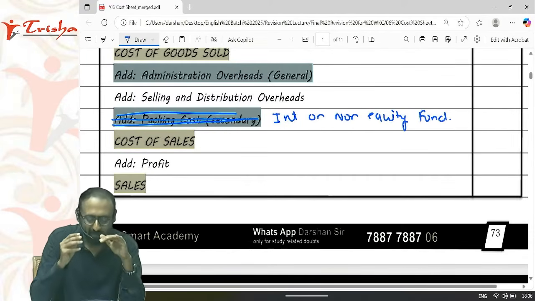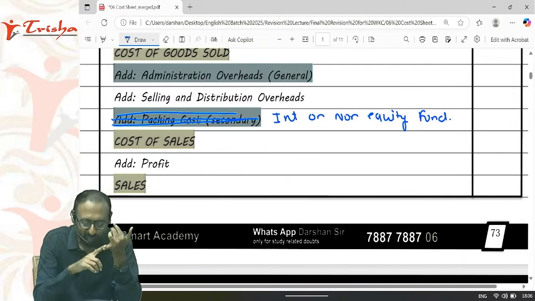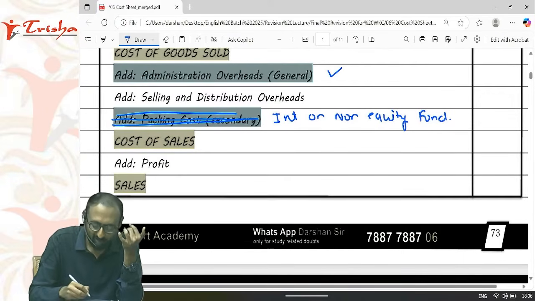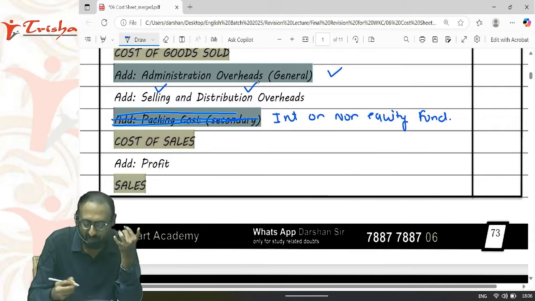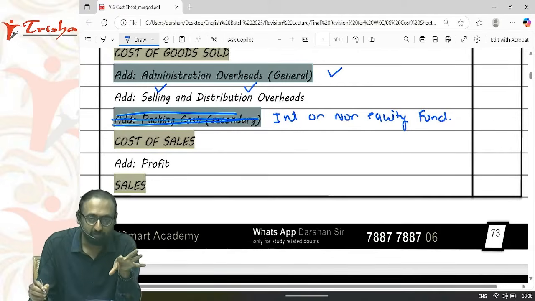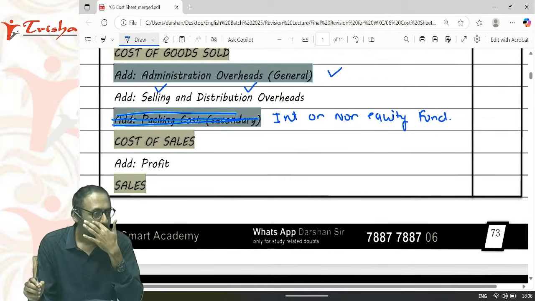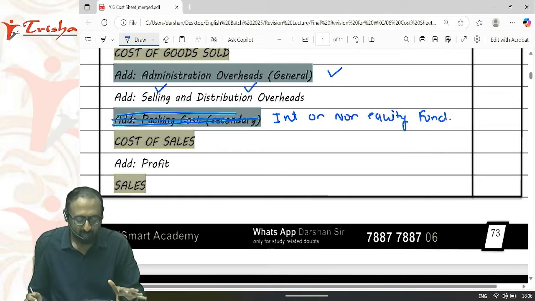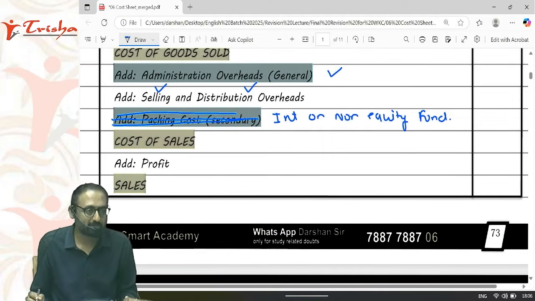You'll have to show it as a separate element of cost of sales. First of all, you'll add administration overhead general, then selling overhead, then distribution overhead. Then interest on non-equity fund, it is a new amendment, you'll have to consider it. So it will be your cost of sales. In that cost of sales, you'll add profit, and the final figure will be your sales.